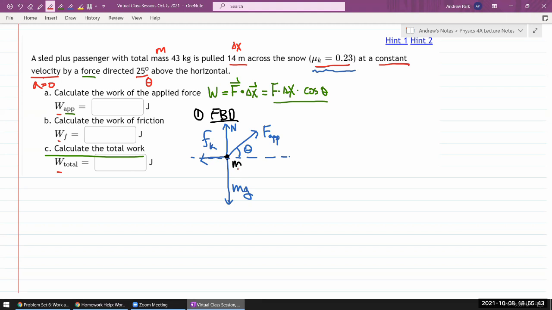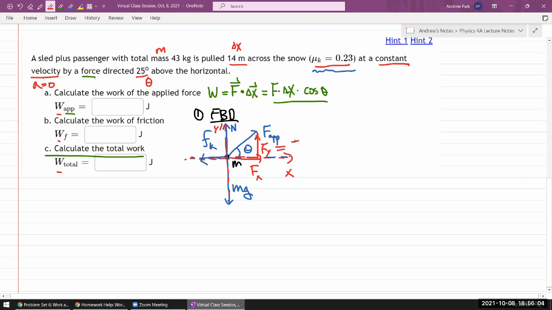Okay, that's step number two. I need to choose my coordinate axis, and with the acceleration being zero, I'm just going to keep it simple and use a straight axis. That also means I only have to break down one force, the applied force, into its x component and y component. Oh, and that's my triangle with angle theta.